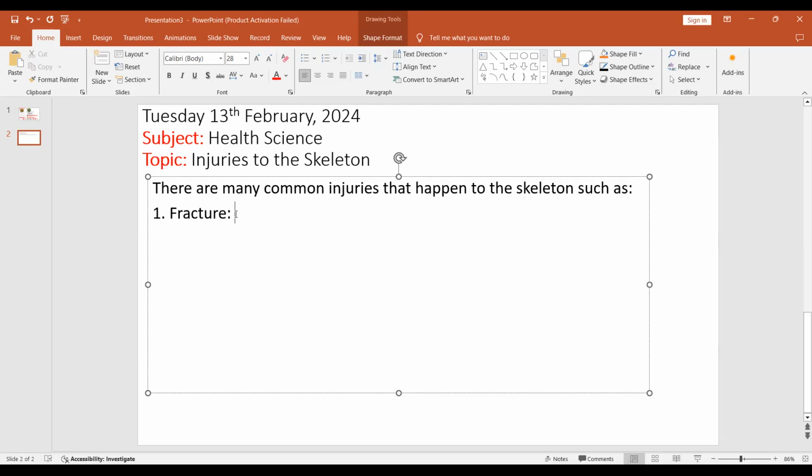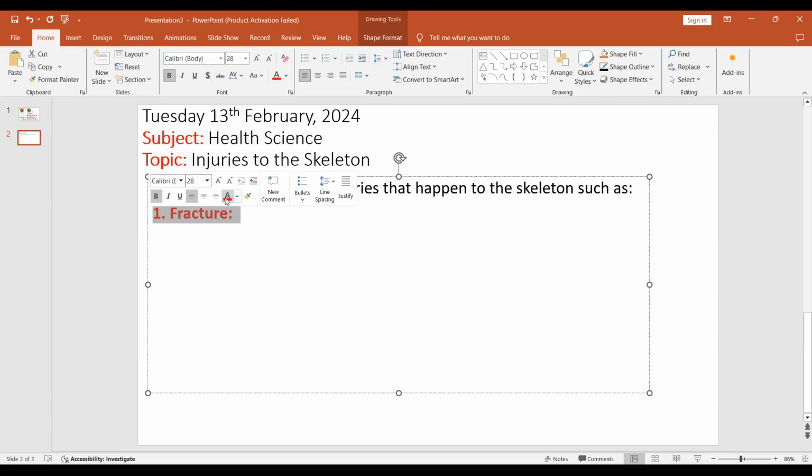Now there are different types of fracture. You could have a closed fracture. You can have an open fracture. You can have multiple fractures. You could even have a spiral.